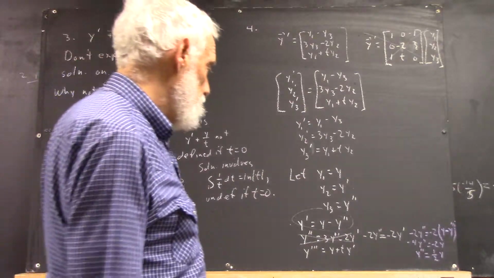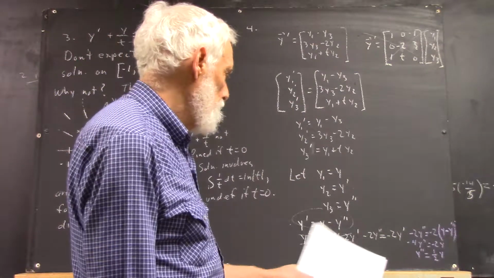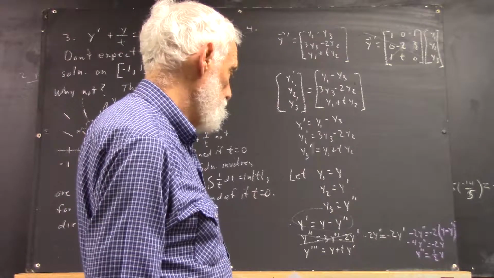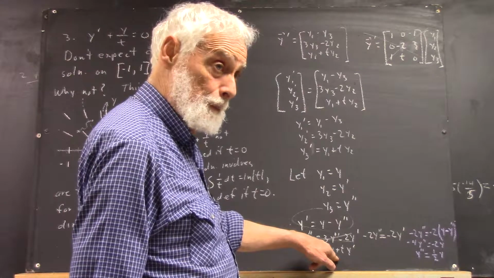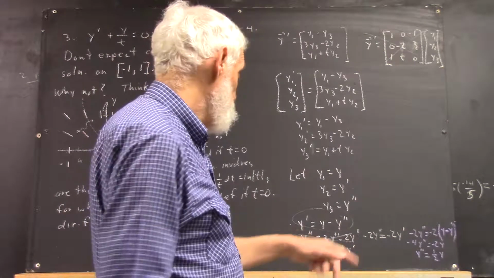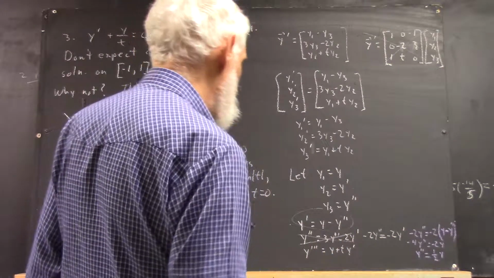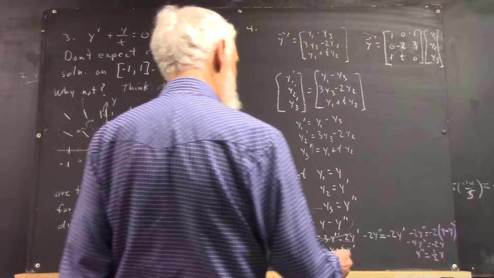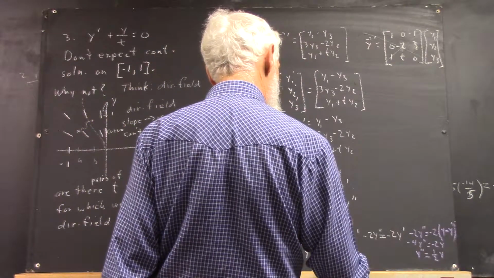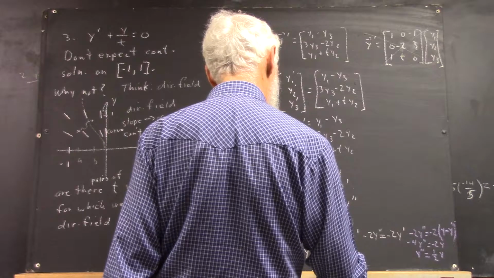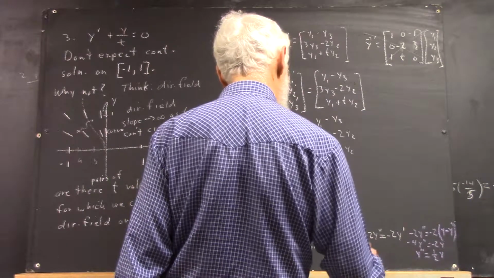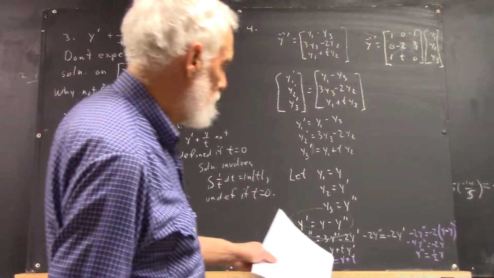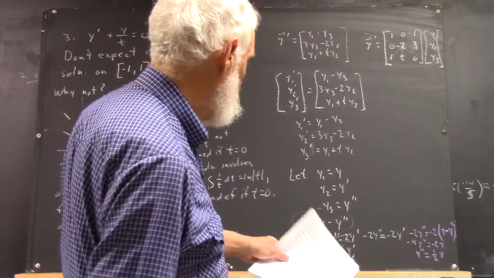Now it turns out that that's not going to appear here, so we can't really simplify this last one, except to say that y triple prime is going to be y plus t times y prime.